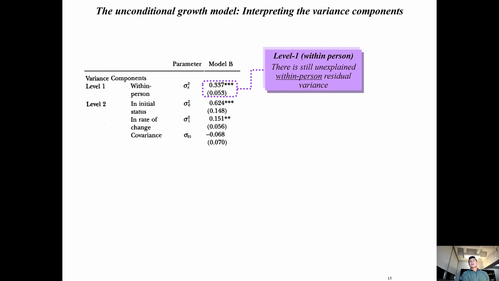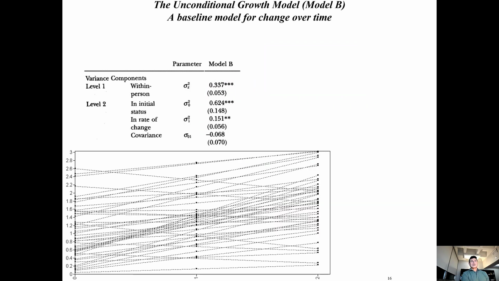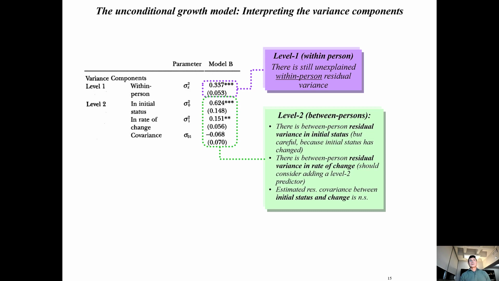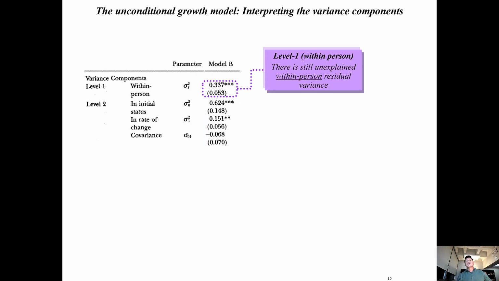All right, so let's look at these variance components. This first variance component is the misfit around that line. So again, this is how well or how not well we're fitting this line. If I've got these data points here, this person is not exactly on the line, so there's some misfit to this line.